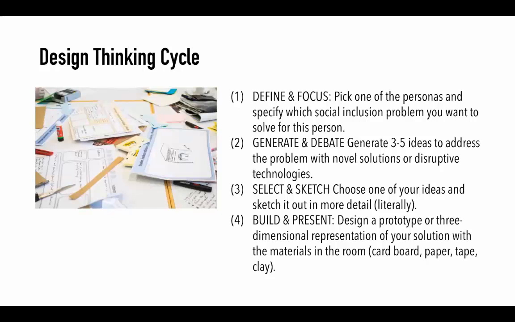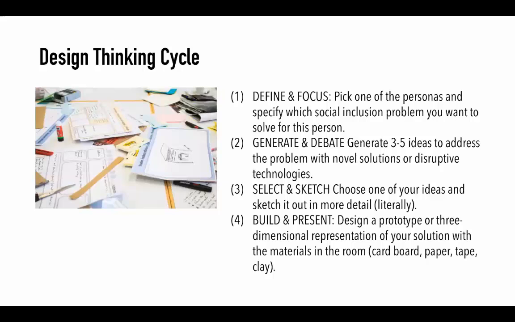My first one was define and focus. So they were asked to pick one of the personas, not necessarily the ones they created themselves, any of them, and specify, okay, what is this persona's problem? What social inclusion problem does this person have that I want to solve to make this person's life better?